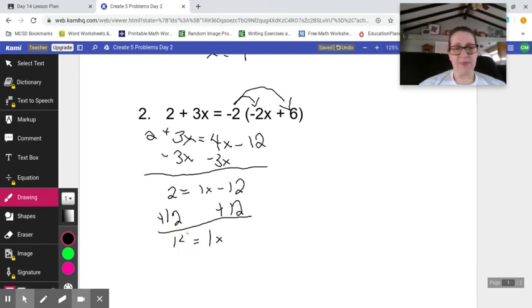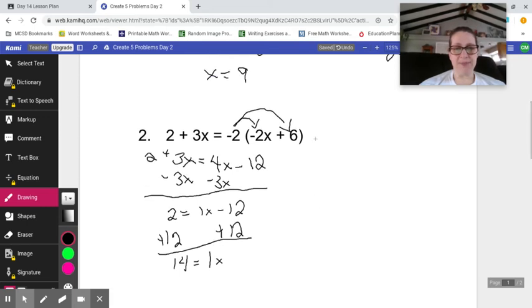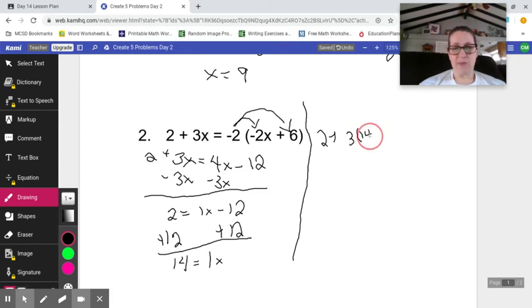Okay, so in my original equation, everywhere I have an x, I'm going to put a 14. So I'm just going to draw a line here so I don't get confused. So 2 plus 3 times 14, negative 2 times 14 plus 6.